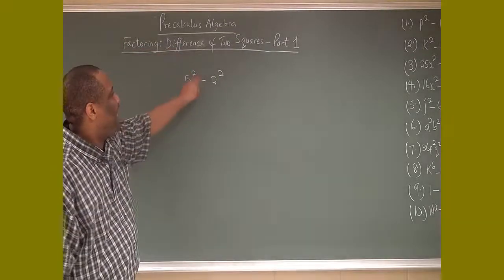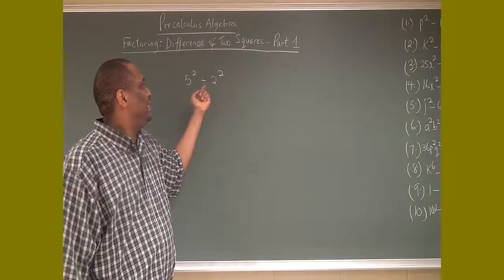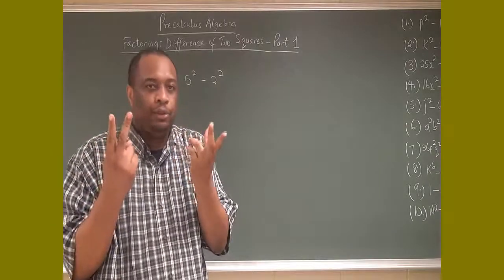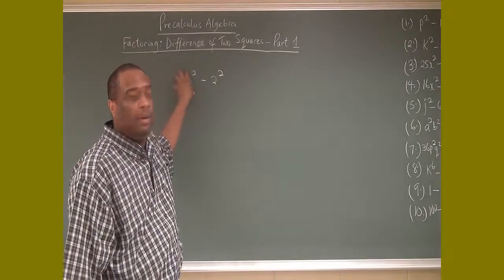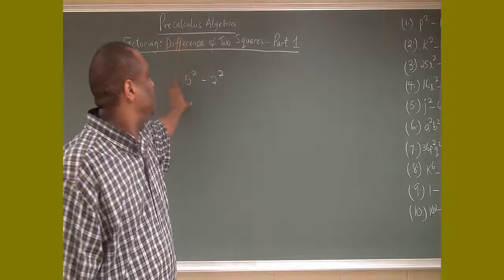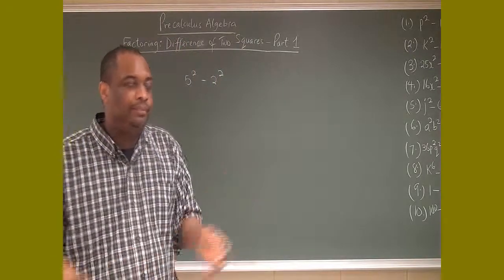So this is the difference of two squares. The first square is the 5, and the second square is the 2, because this is 5 squared and this is 2 squared, and the difference is the minus.